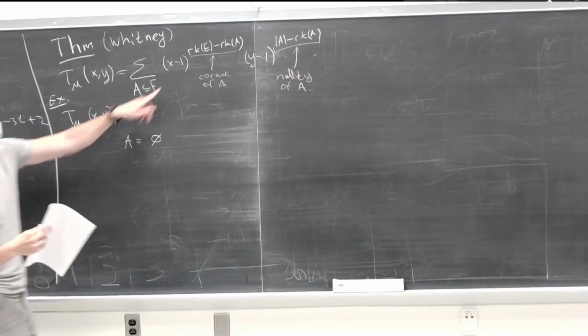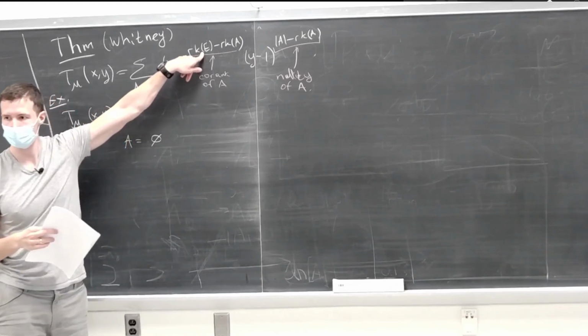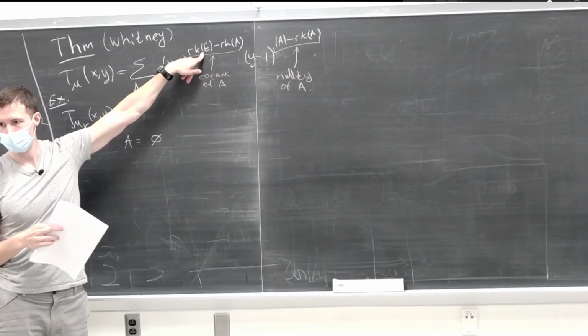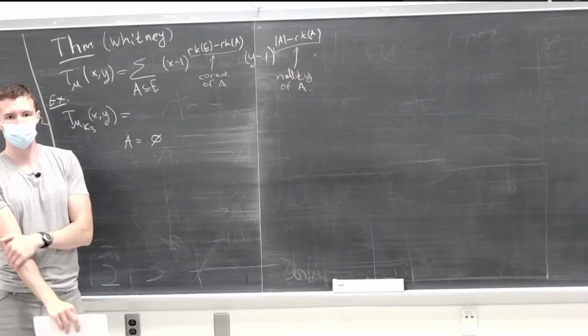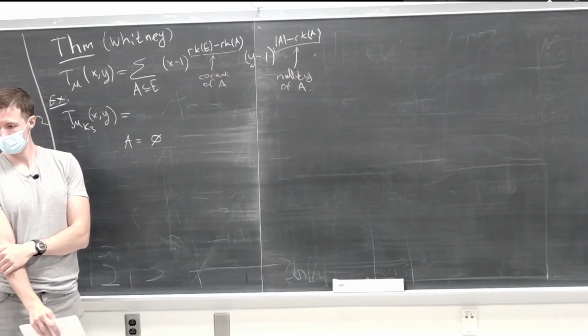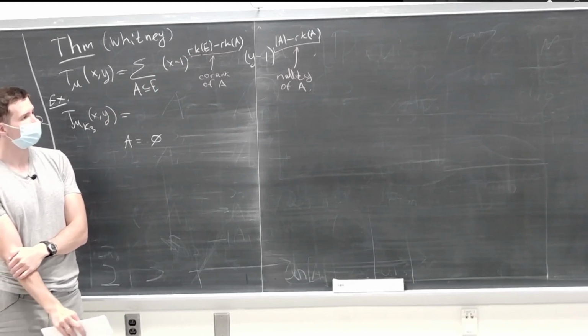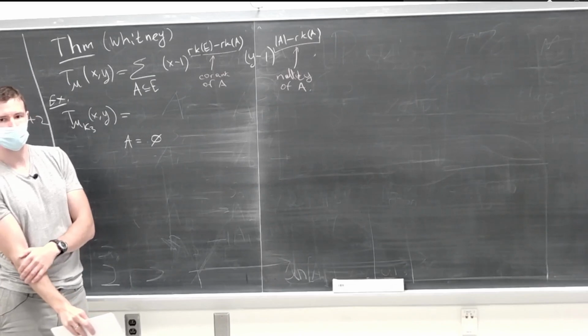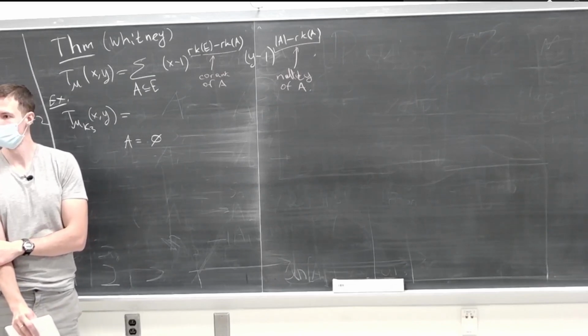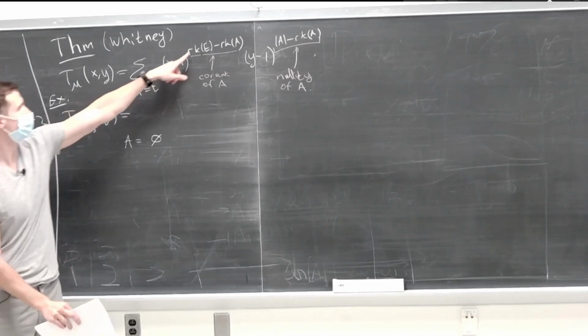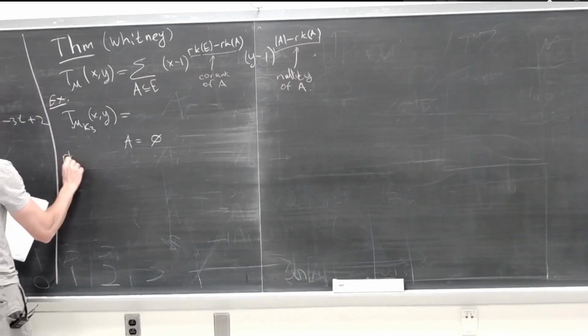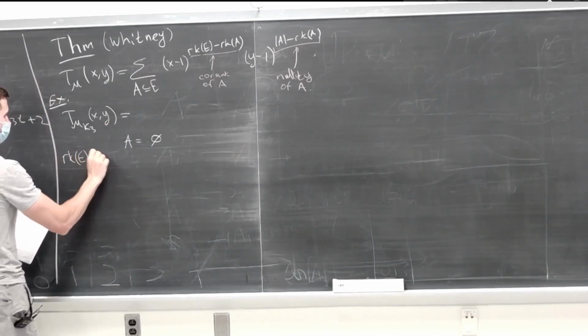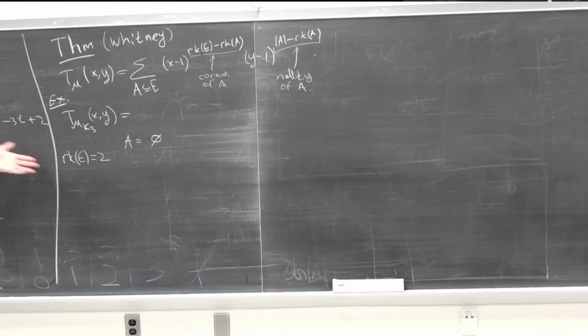First of all, what is the rank of E? The rank of E, which is the same as the rank of the matroid, is equal to 2, because it's just the size of the maximal independent set in my graph. So the spanning tree has size 2.